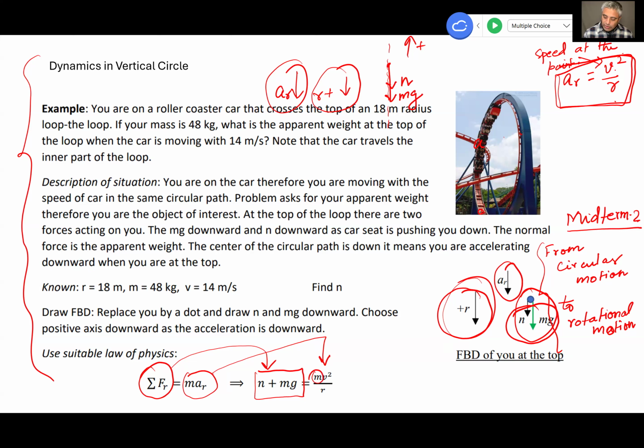Mass and acceleration is v squared over r. So that's what you see. And since the acceleration is also in the positive direction by construction, this is also positive, although I did not write that positive explicitly. These are all positive based on our choice of axis. Okay. If you had chosen up as positive, then all these being down, all these would be negative.